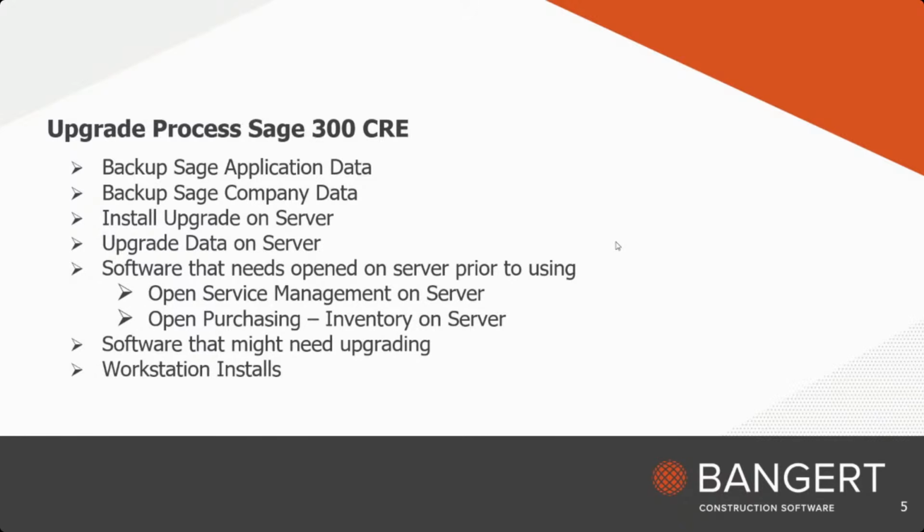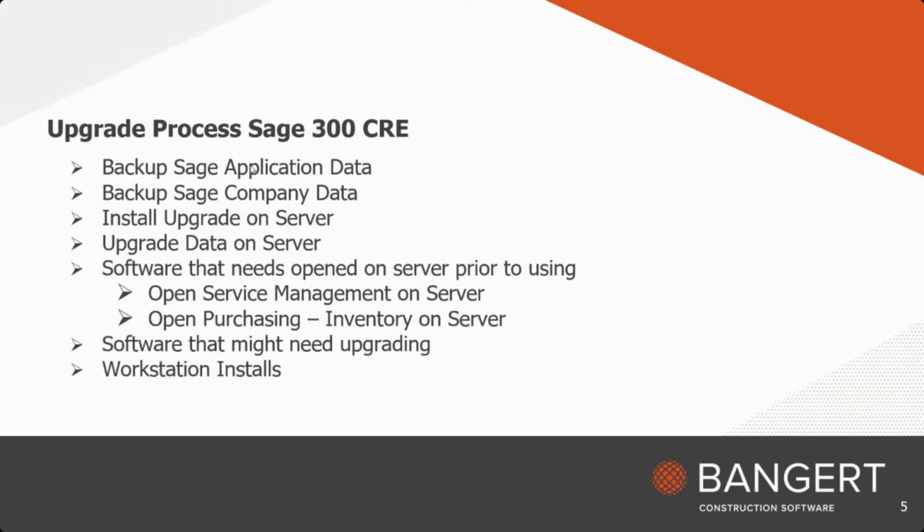The upgrade process itself, what it usually looks like, is doing backups to start with. The main backups that we're primarily concerned with for Sage 300 are application data and company data. Application data: when you look at your server, there's a Timberline Office share on everybody's server.